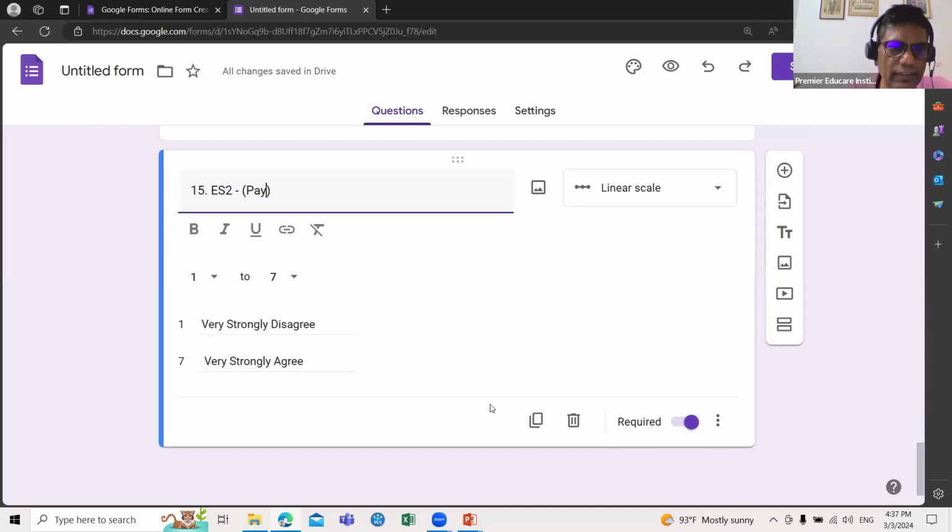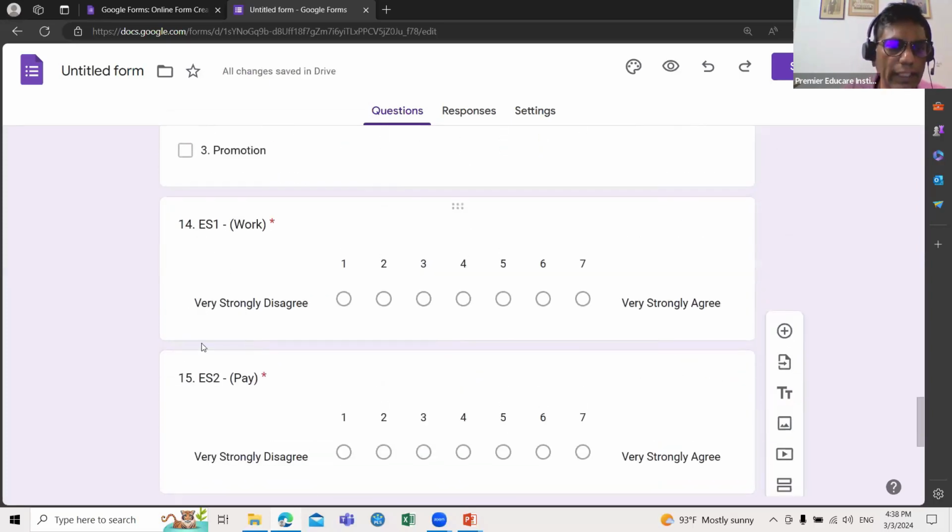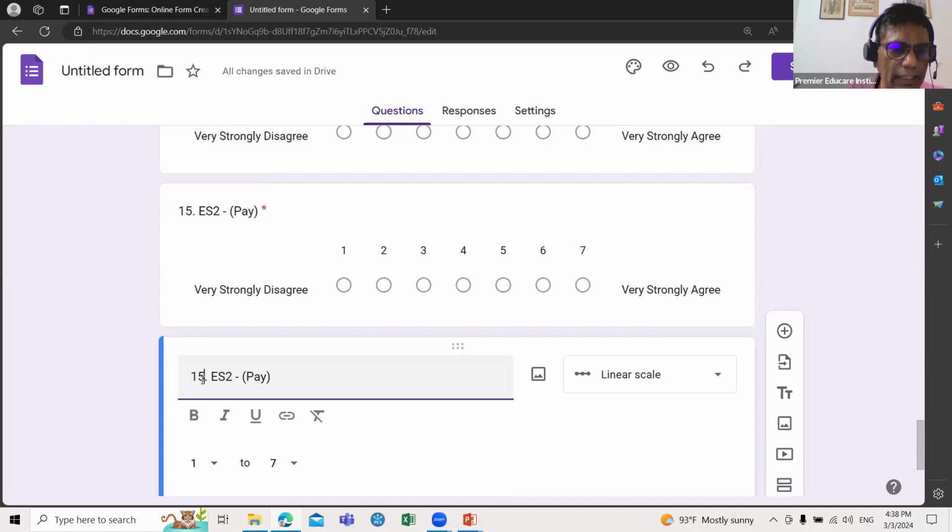ES3 means employee satisfaction on promotion. I will copy this one, I will duplicate. What is the question number? Here it is 14, 15, and here it is 16. Okay, ES3, and this should be promotions.